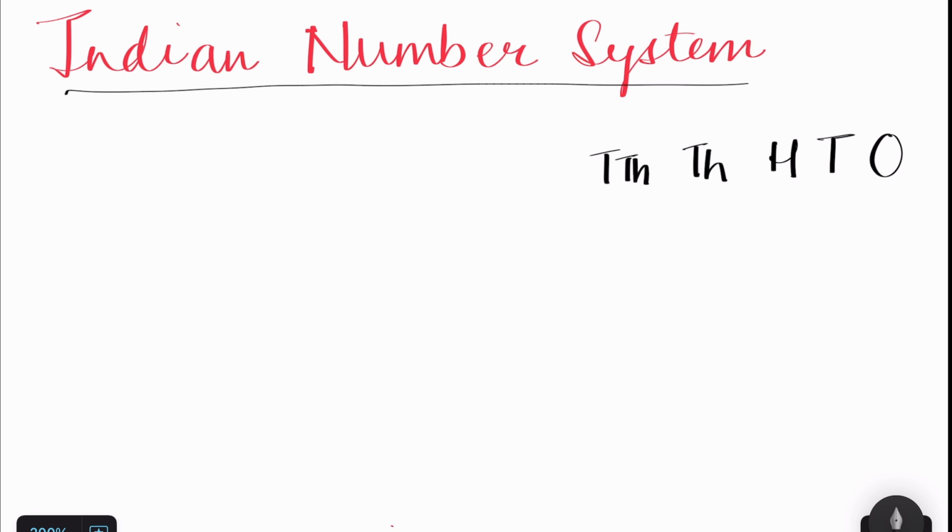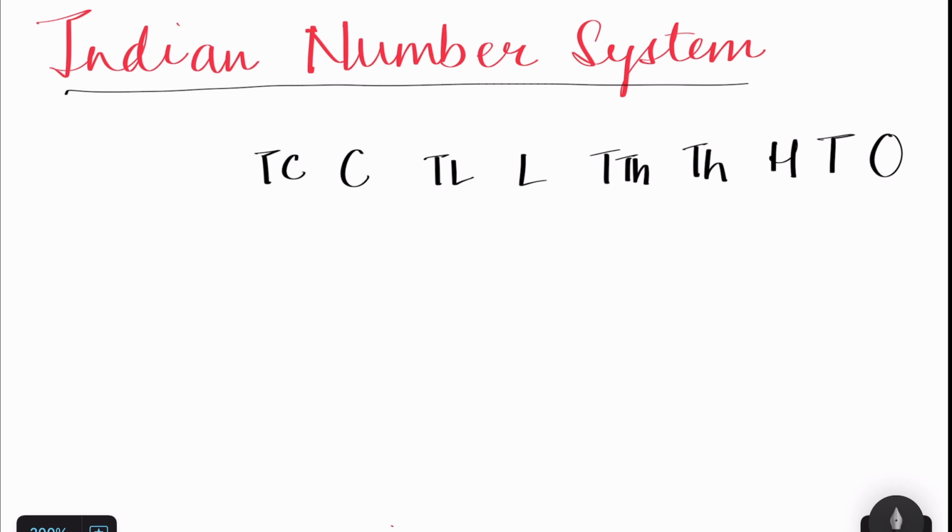So ones, tens, hundreds, thousands, 10,000s. Then comes lakhs, 10 lakhs, crores, 10 crores. You must have heard people in India talking about numbers in lakhs, crores, talking about money in lakhs, crores, thousands, right? So this is what the Indian number system is.